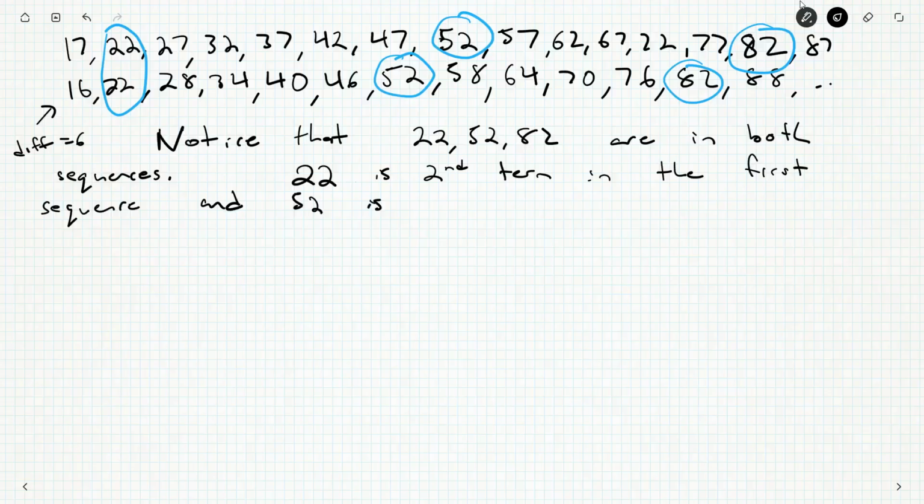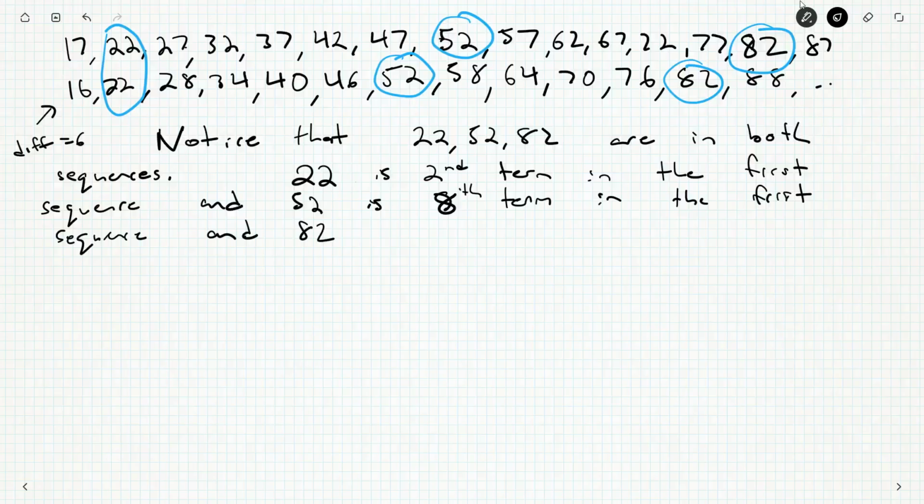And 52 is the 1, 2, 3, 4, 5, 6, 7, 8, the 8th term in the first sequence. And 82 is the 8, 9, 10, 11, 12, 13, 14, 14th term.